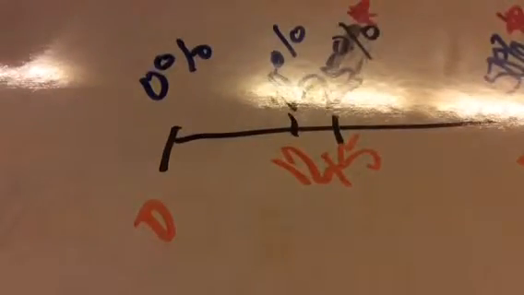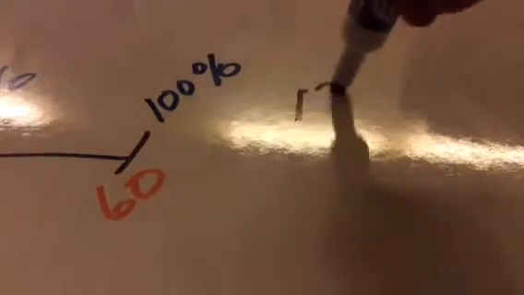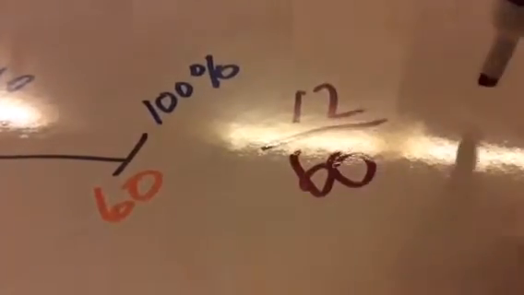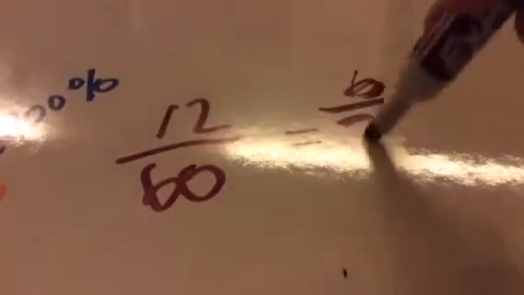And the other way I kind of mix in is the division, because fractions are division. I did 12 out of 60, and I simplified that. It should be 6 and 30, which should be 1/5.